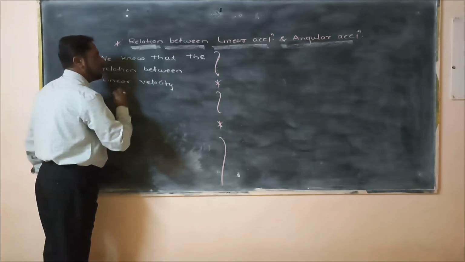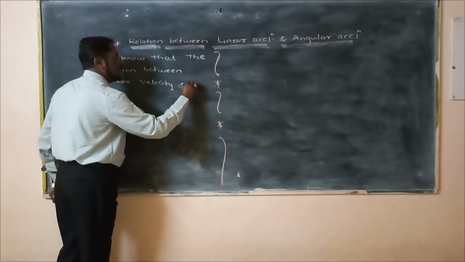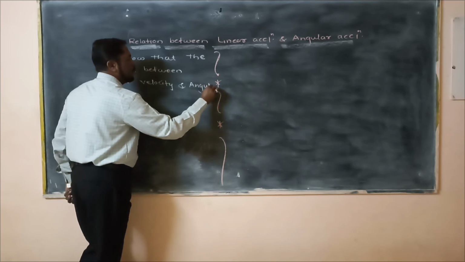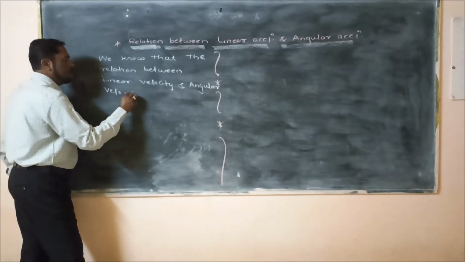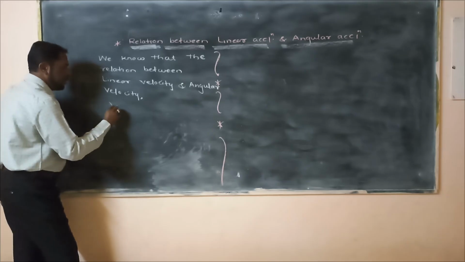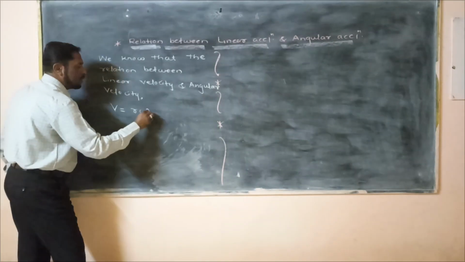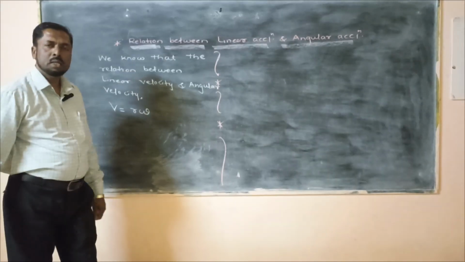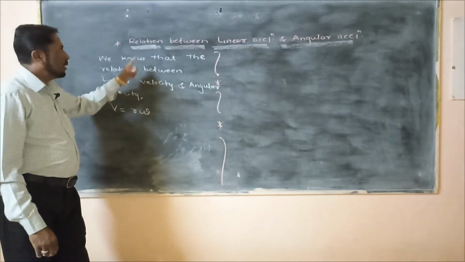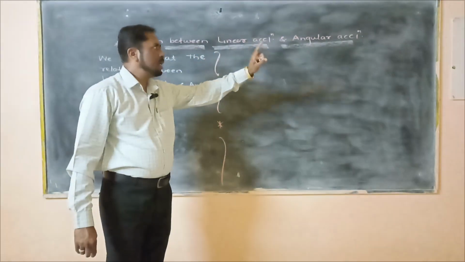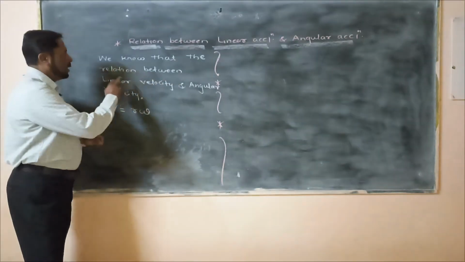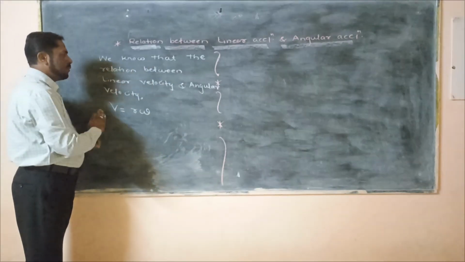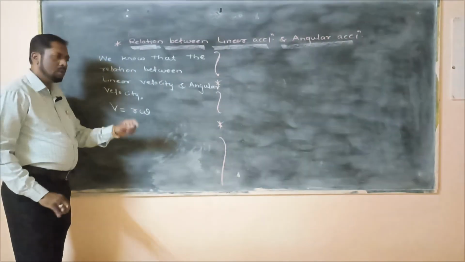We know the relation between linear velocity and angular velocity, that is v is equal to r omega.